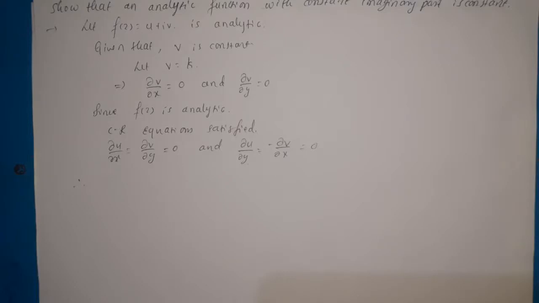So, here all the 3 examples are similar, because in the first example we have proved that if f dash of z equal to 0, then the function is constant, and in the second example, if f of z is real, means there is no imaginary part, then also the function is constant. If the imaginary part is constant, then the function is constant.